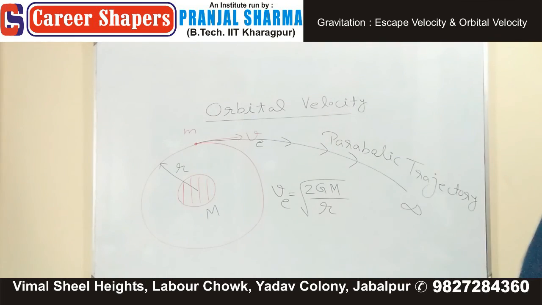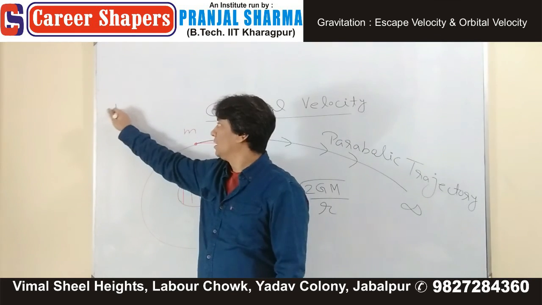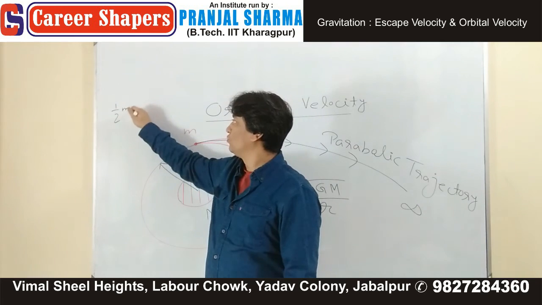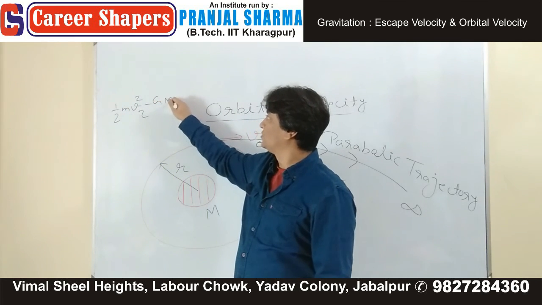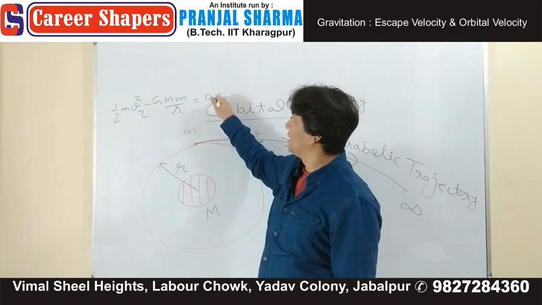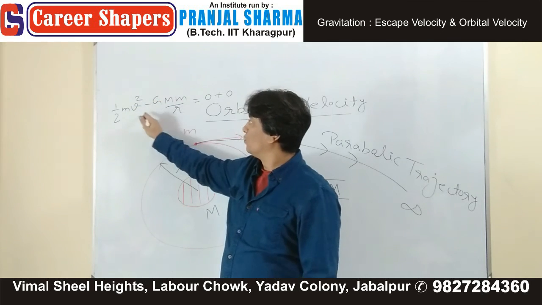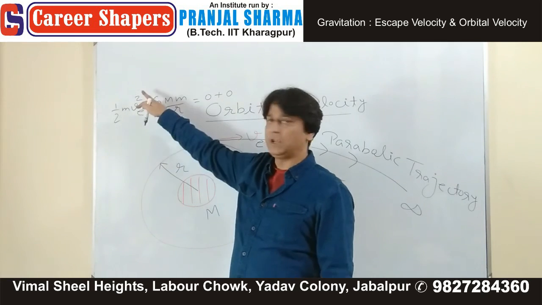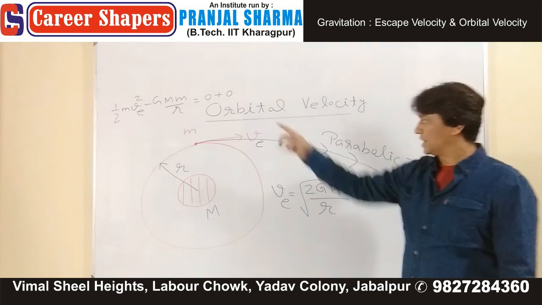KE plus P at this place. KE, half mv square is the KE. P, minus of GMm by r. At infinity, it becomes 0. VE, half mv square, potential becomes what? 0. And you get the value of V.